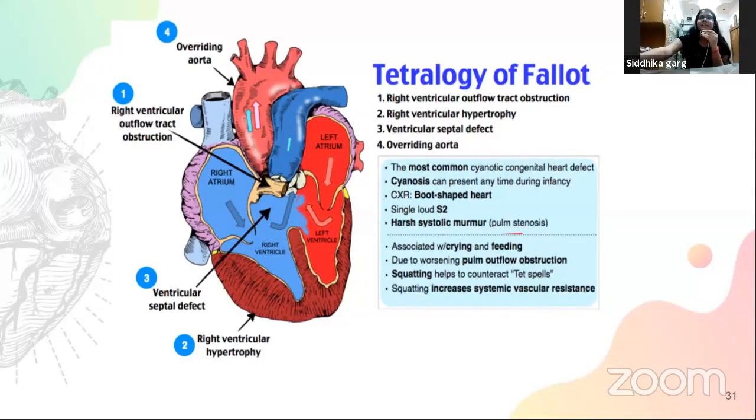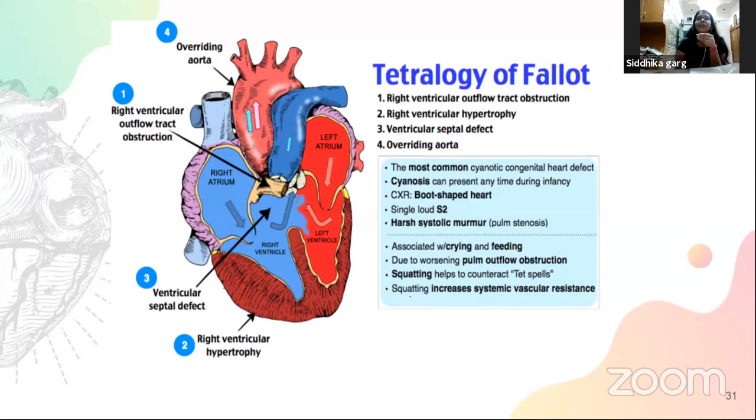Now, here's a term known as tet spells. Tet spells are the intermittent appearance of cyanosis on any strenuous activity like crying, feeding, etc. Squatting is a technique which helps to relieve tet spells by increasing systemic vascular resistance.